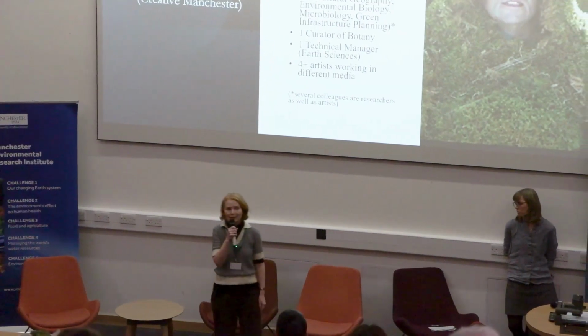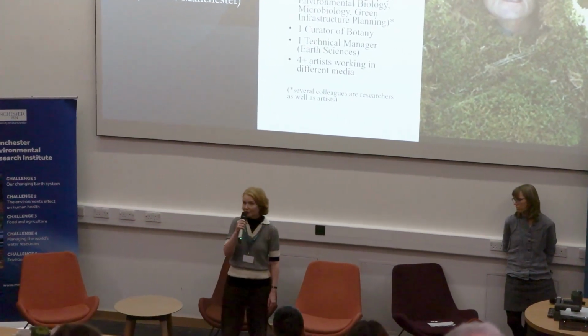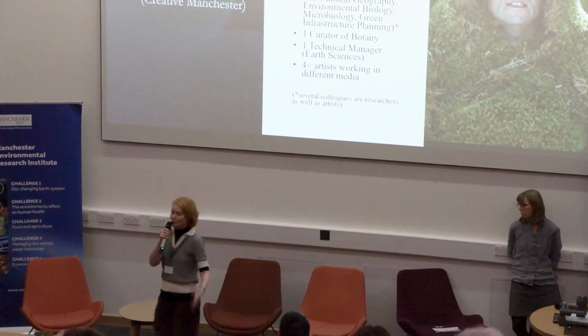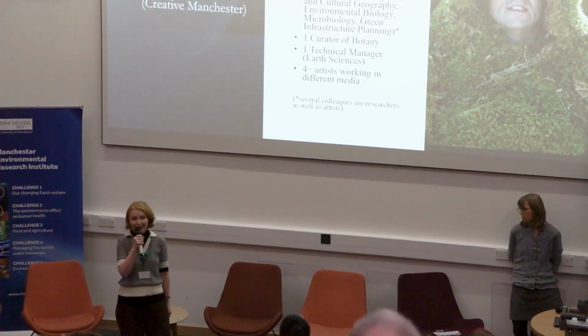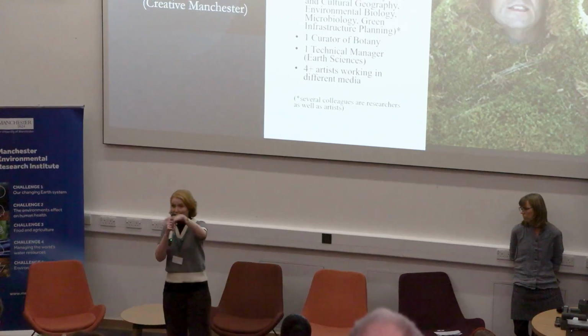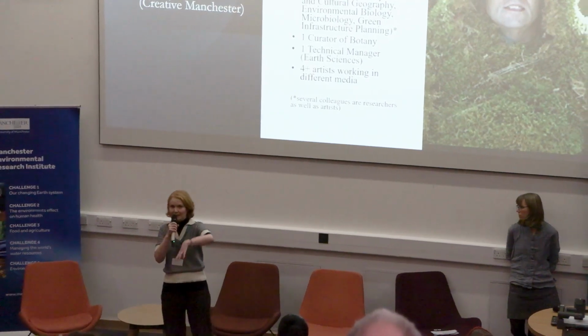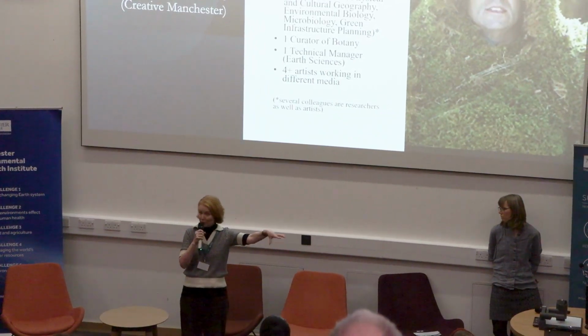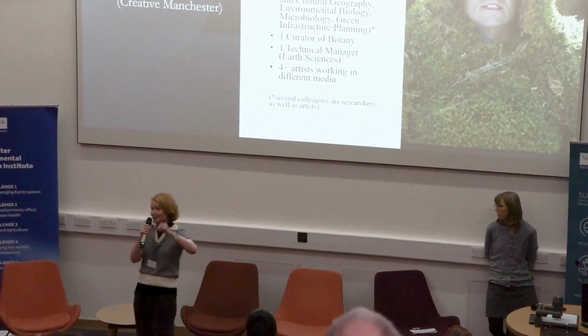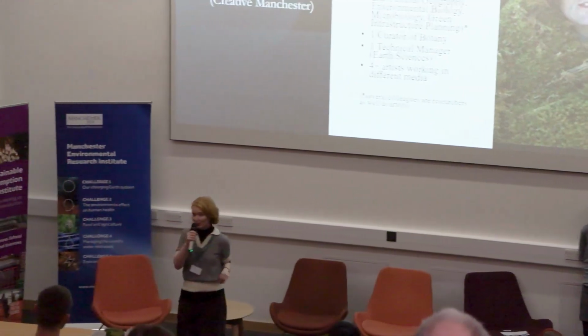So we're interested in the Industrial Revolution. We're interested in Manchester as the center of the industrial, or one of the centers of the Industrial Revolution, and the connection of that history to what is happening today and what could be happening in the future, and mosses are the lens through which we look at that.